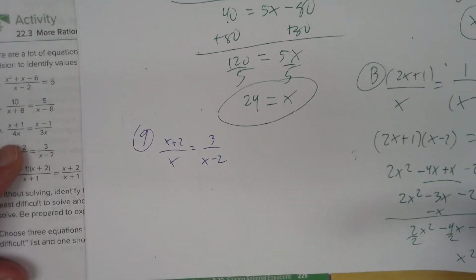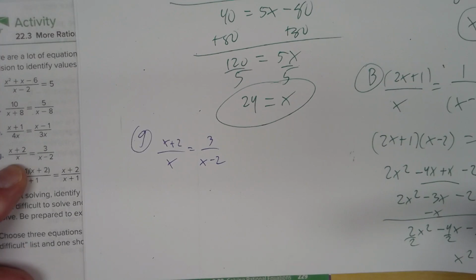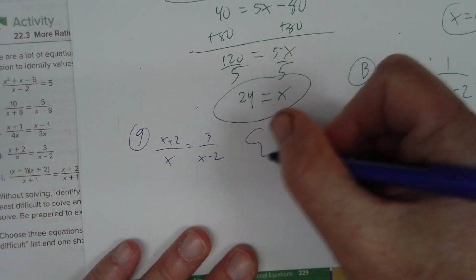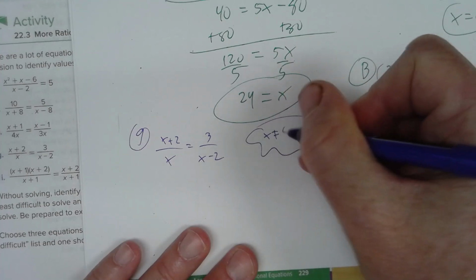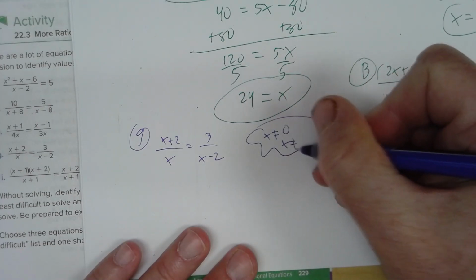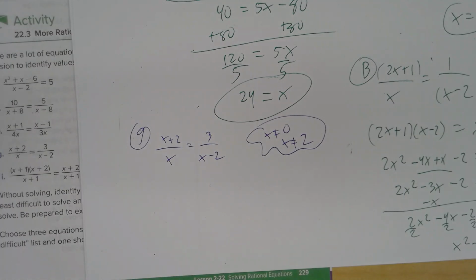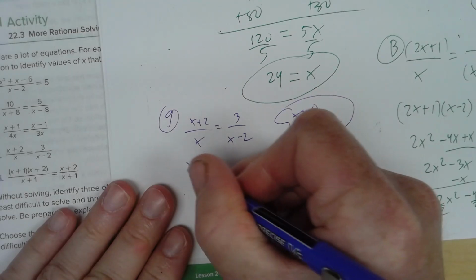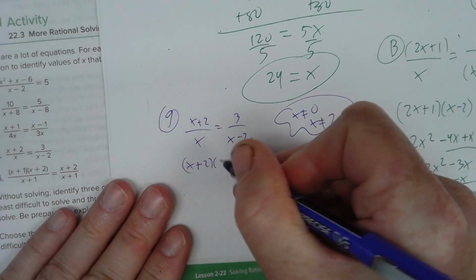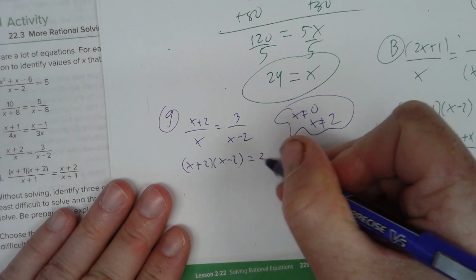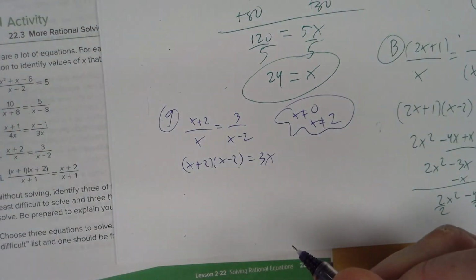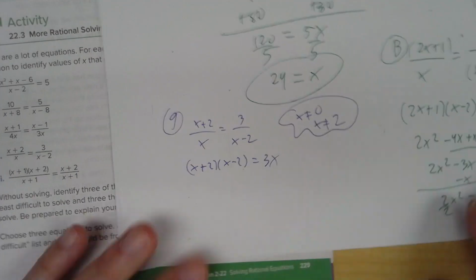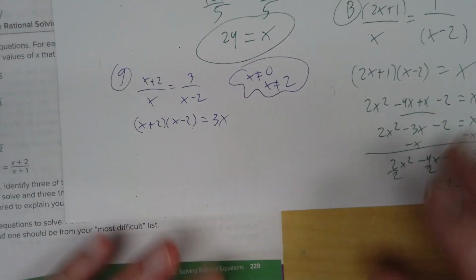Yes. So puffy cloud, x cannot be 0, x cannot be 2 again. They're kind of very themed up this way, aren't they? All right, so cross multiply. X plus 2 times the quantity x minus 2 is equal to 3x. Now we're going to do the same thing that we tried to do over here, and hopefully we get a better quadratic at the end that factors.